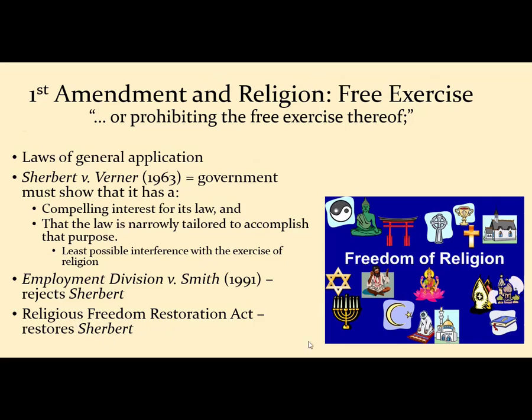But at the state level, they still exist. And at the state level, many states have this Sherbert test for free exercise claims. As far as federal law goes, we're still dealing with the Smith decision, though.